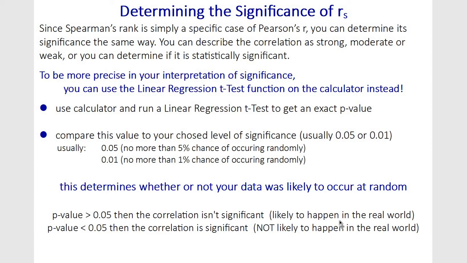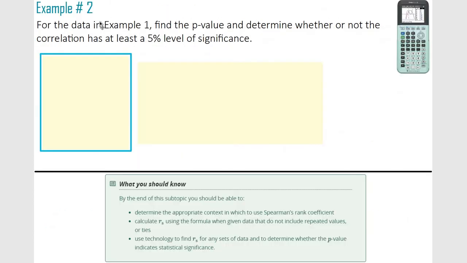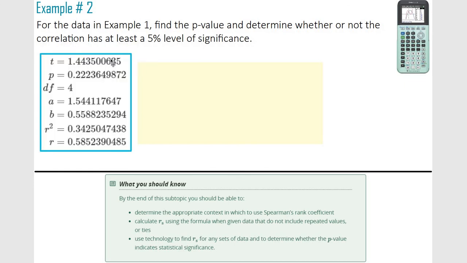Always, of course, read the problems because they might say a 1% level of significance. So for the data in example 1, we found the p-value and determined whether or not it has at least a 5% level of significance. Remember, this is what we found on our calculator. This is what it spat out.